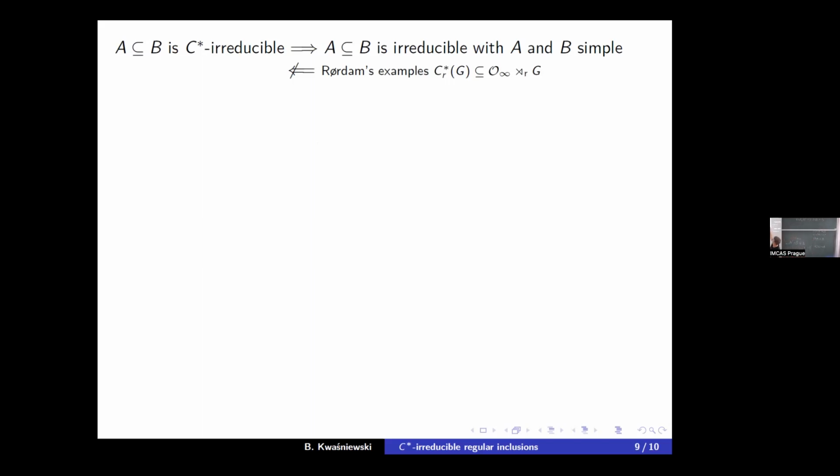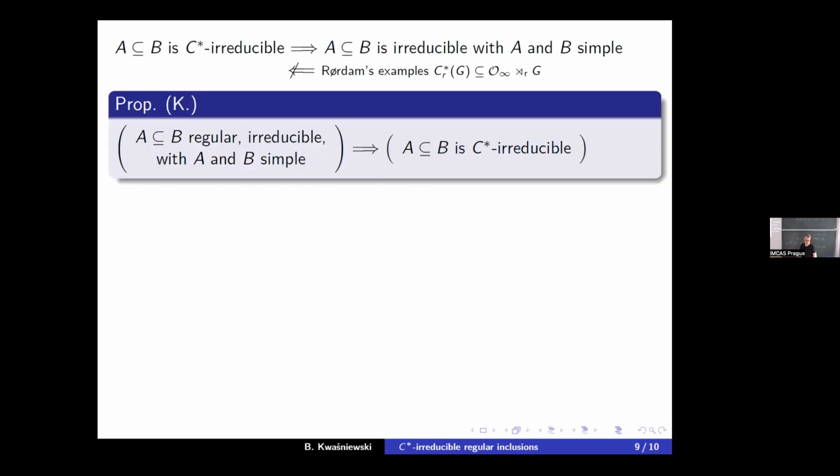That is why these inclusions cannot be regular, because if I add regularity here, then I have this if and only if condition. So this is the lacking implication for the proof of the main theorem that I started with. If I assume that my inclusion is regular, irreducible, and A and B are simple, then this inclusion is C*-irreducible. So regularity here is crucial.